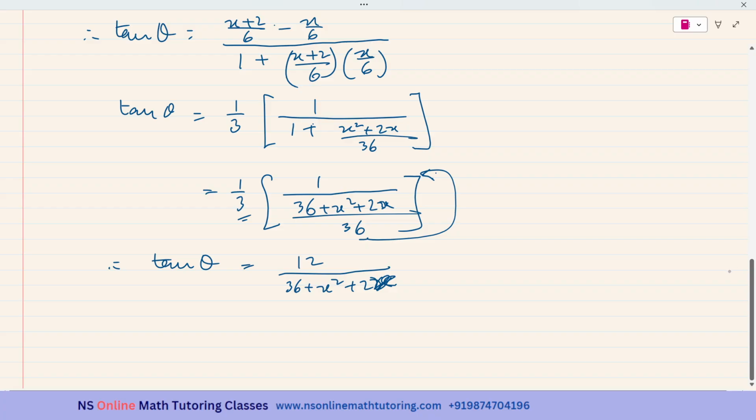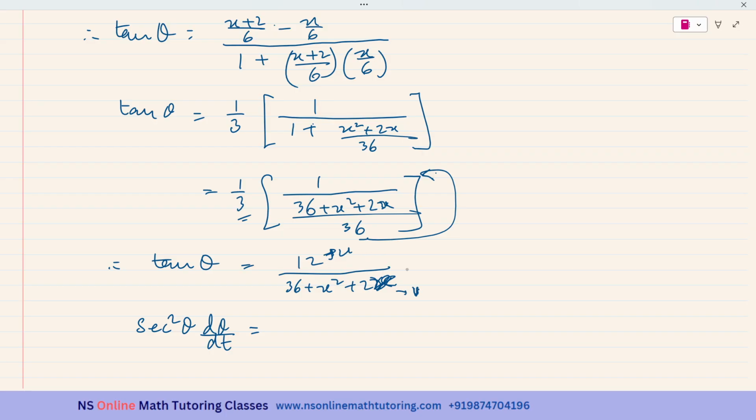I have to get dx dt. I know theta and I know d theta dt. So what should I be doing? I'll be using the implicit differentiation technique. I'll be differentiating this equation with respect to time. So it is sec square theta d theta dt is equal to, I'll be using the quotient rule. So this one is u, and the whole thing is v.